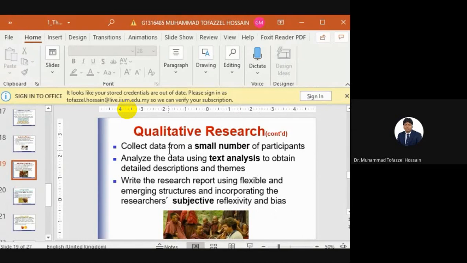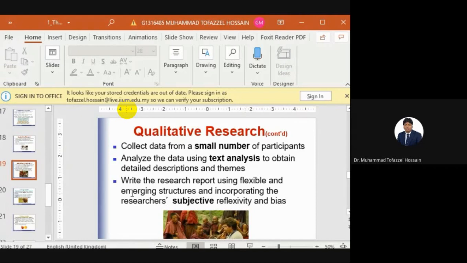But for qualitative, you have to collect data from a small number of participants because your data is always in depth, and you have to analyze the data in detail. So you have to use text analysis to obtain detailed descriptions and themes. If your number of participants is very large, you cannot collect the data intensively.